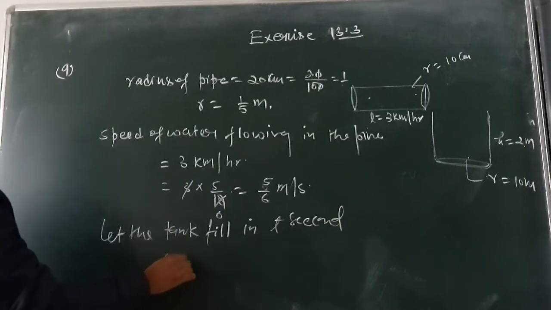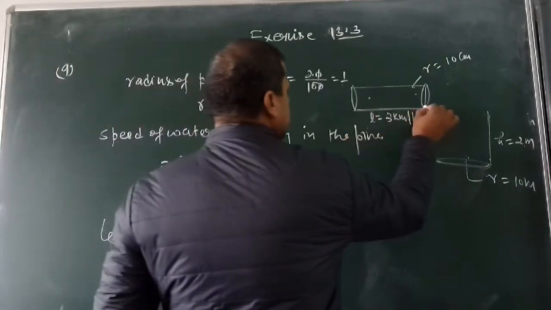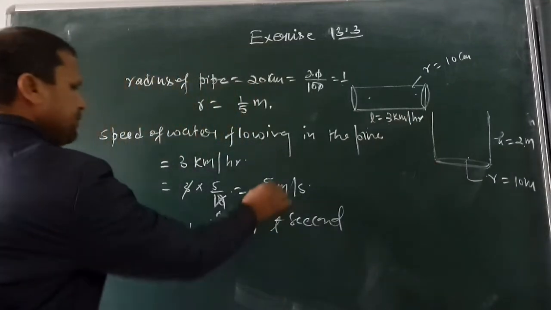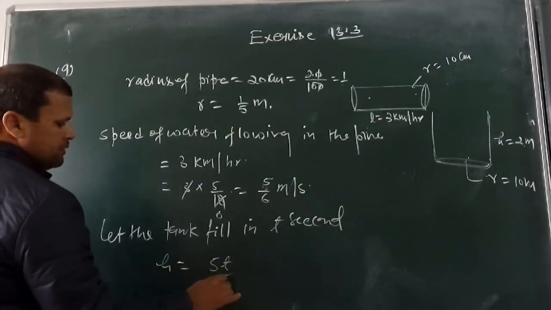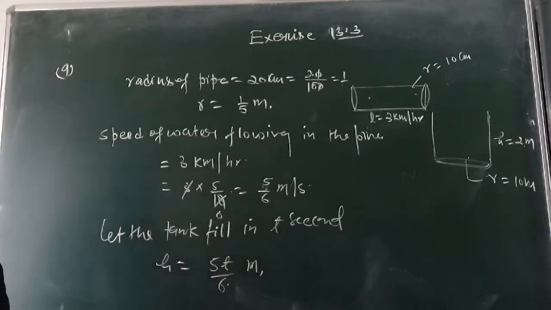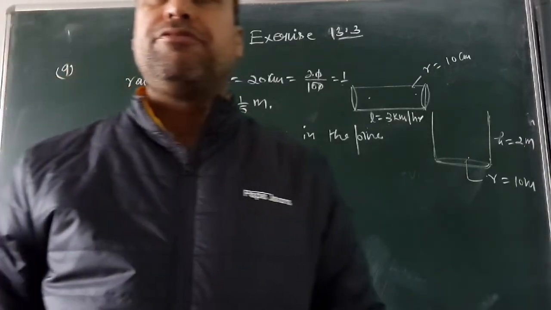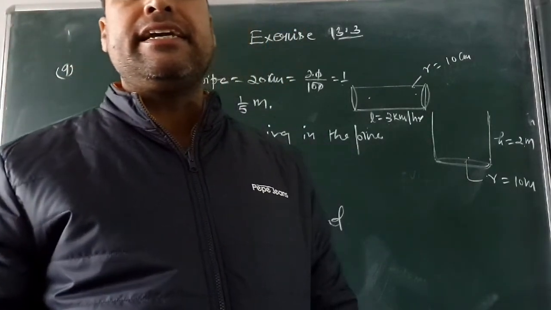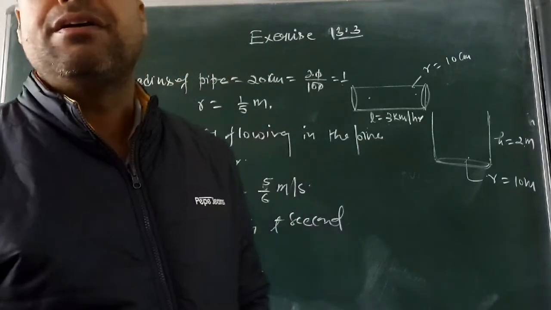So h equal to travel distance. Speed is given 5 by 6, so it is 5t upon 6 meter. Now use the formula: volume of water in tank equal to volume of water in pipe.